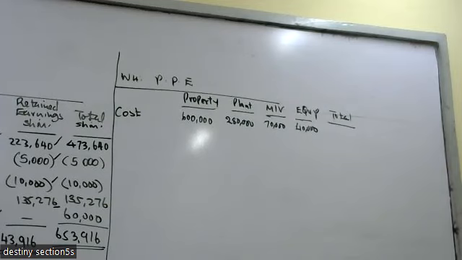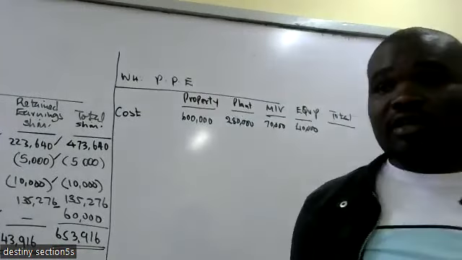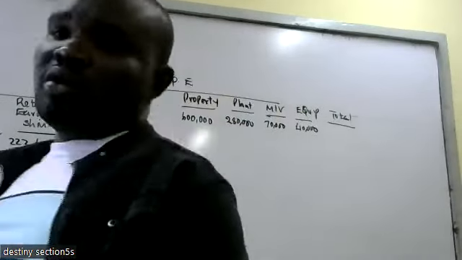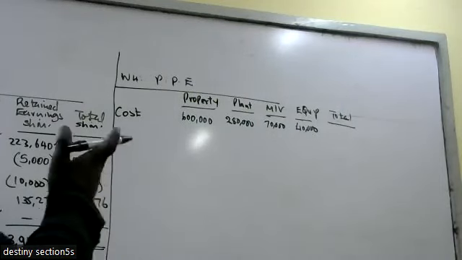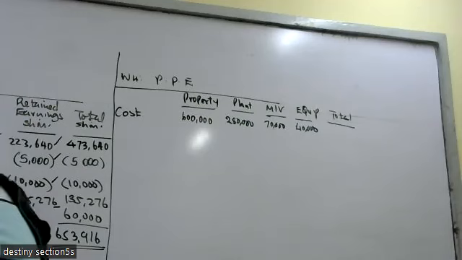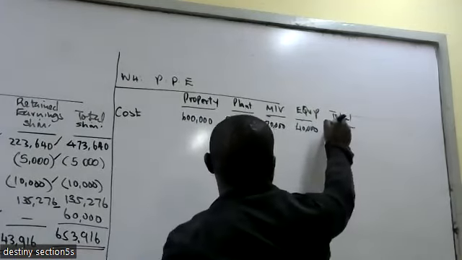Total cost, you add the cost. It is 990. Someone to confirm. 990 because 600 plus 280 is 880. 880 plus 110 is 990. Check. Confirm for me that. Yes. So this is 990.